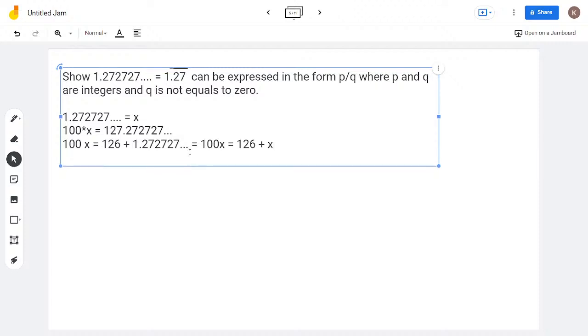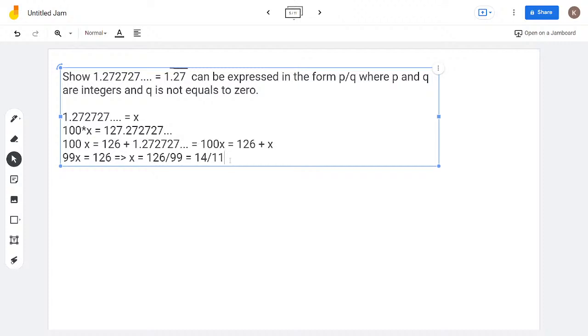In the next step, we will solve and simplify it. So this would be equal to 99x equals 126, and then we will find the value of x. So x will be equal to 126 divided by 99, which is equal to 14 divided by 11.